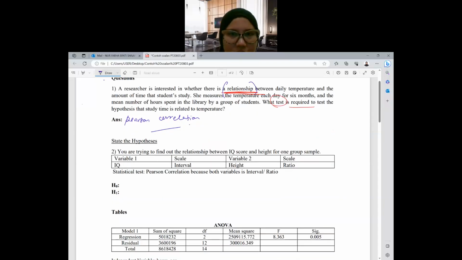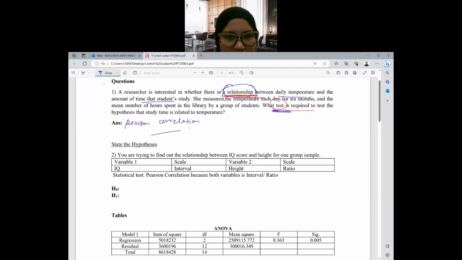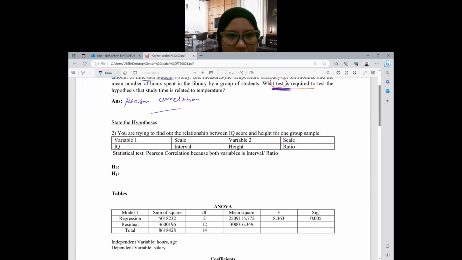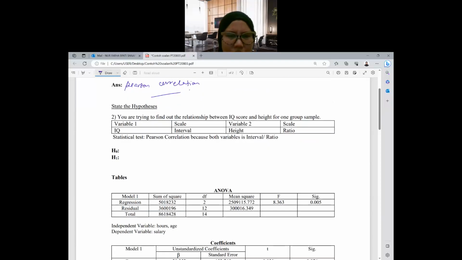So the clue is from the relationship itself, relationship between what variable with what variable, and very straightforward, no other requirements. And the test is Pearson correlation. Very simple. That is how you tackle the questions, by looking at the keywords that have been given.